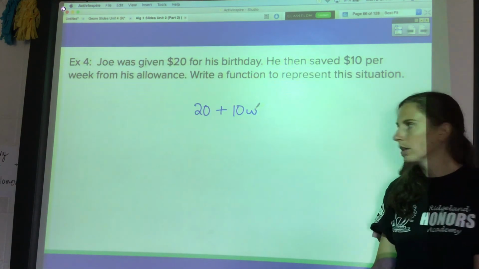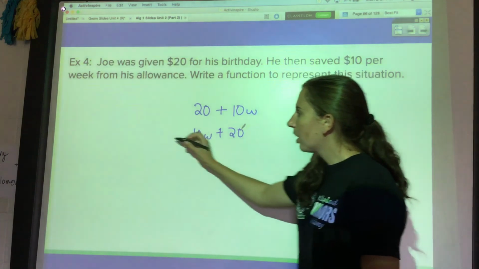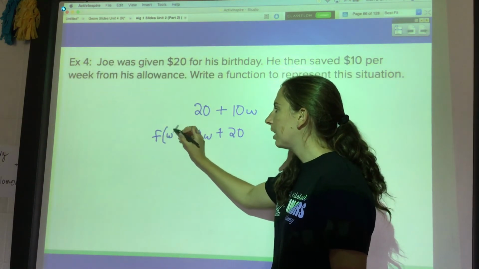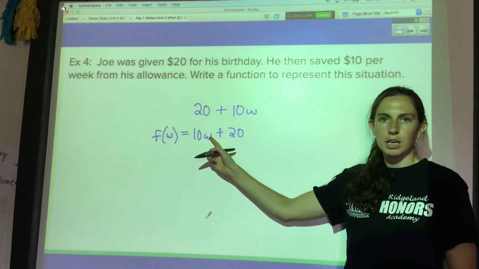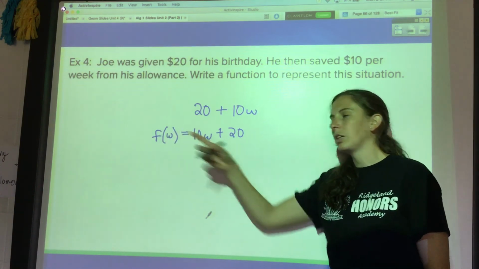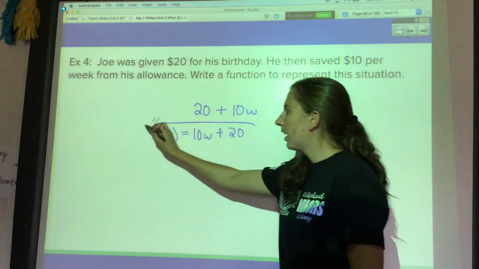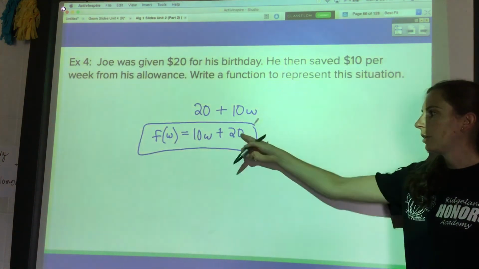You may flip the order, and that's fine. 10w plus 20. I'm going to call this function f, with an input of w. You don't want to call it f of x, but then use w as a variable. If you're going to use w, you've got to say f of w, because w is the input. So there we go. 10 in this case would be the slope, and 20 would be the y-intercept.